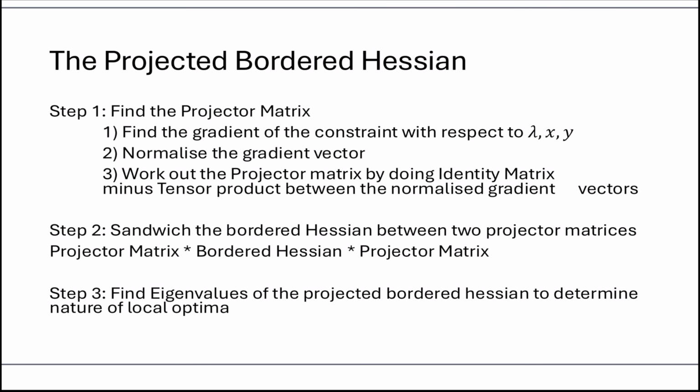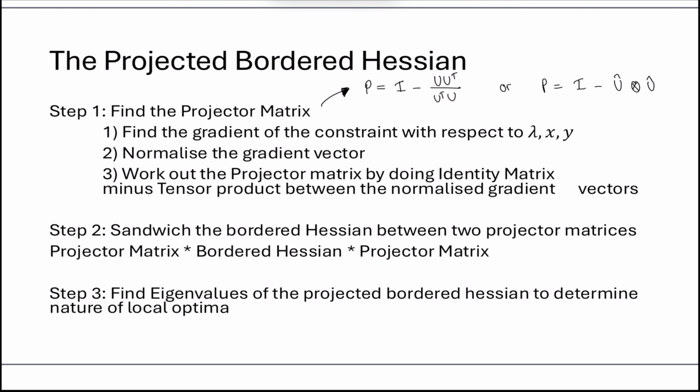One way is to use the projected bordered Hessian. Step number one is to find the projected matrix, which hopefully you watched a video where we covered that. This is where we do P is equal to I minus u u^T over u^T u, or we could just do P is equal to I minus the normalized vector u tensor with itself, where u is the gradient of the constraint.